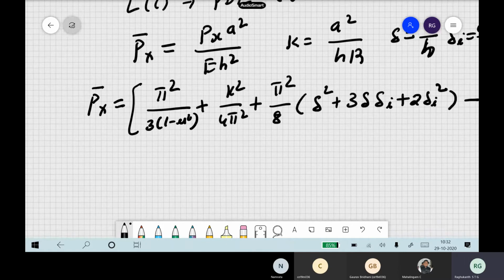This is the buckling pressure here, because we are talking about this pressure. So this is the equation you get.